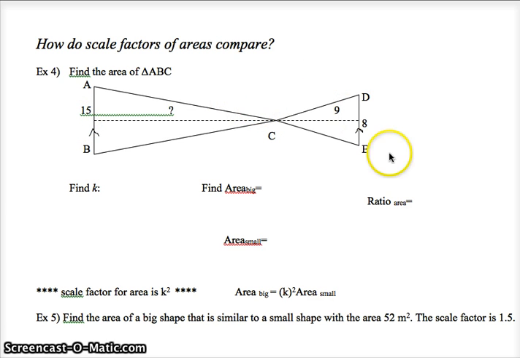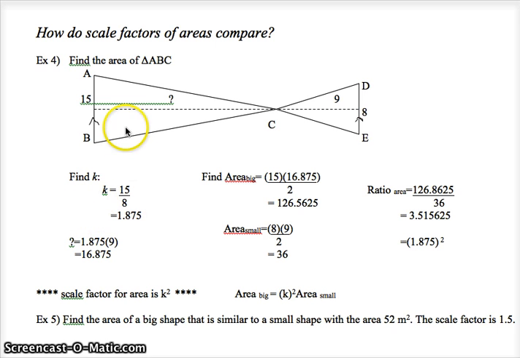Well, we know the smaller similar triangle, we know its base and its height. So we can determine, what's our scale factor? So go ahead, determine what your scale factor is, determine what the height of the bigger triangle is, and then calculate your two areas. And then figure out, what is the ratio of your areas, big to small? So pause the video and then come back when you're ready.